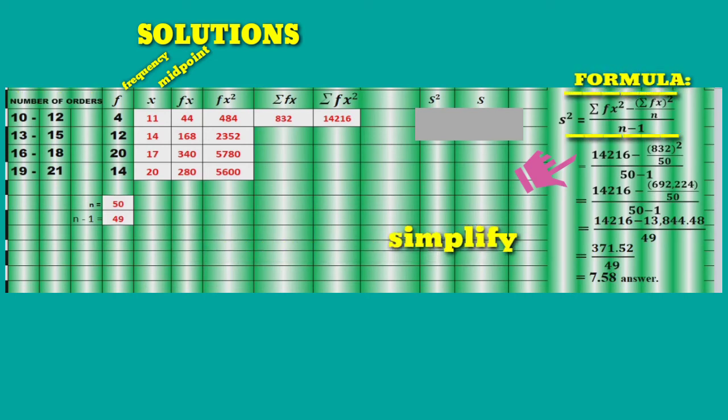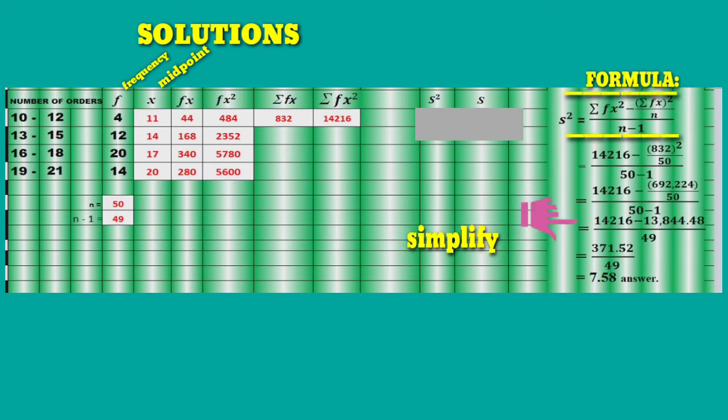Then simplify terms within parentheses. Exponent first, 832 squared, or that is 832 times 832. The result is 692,224. Then divide it by 50, and the result is 13,844.48.